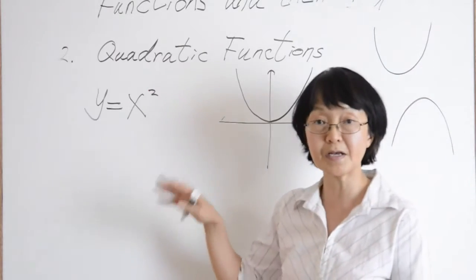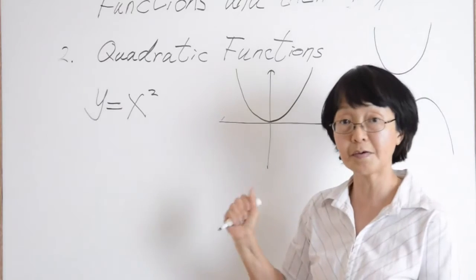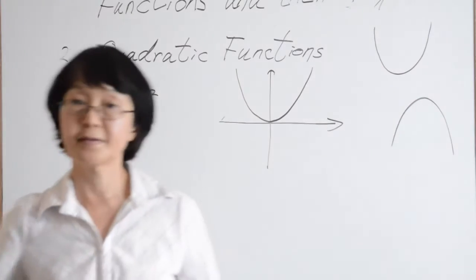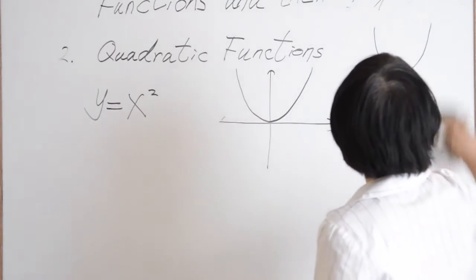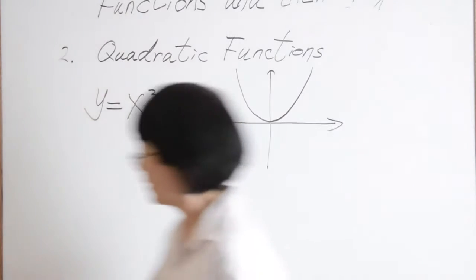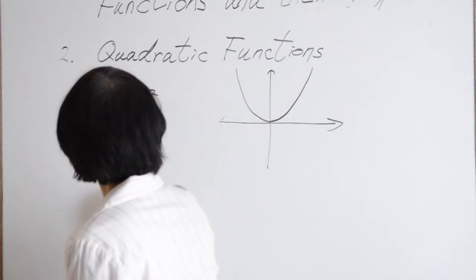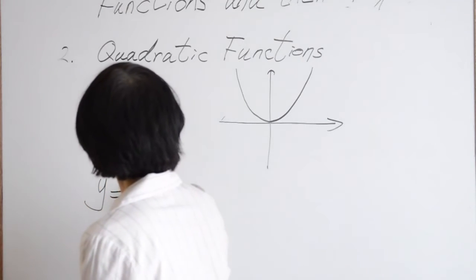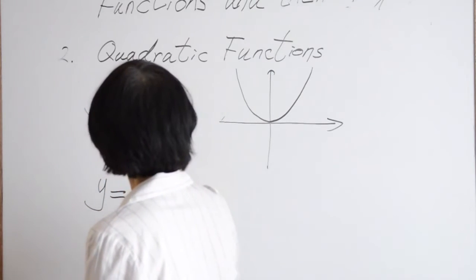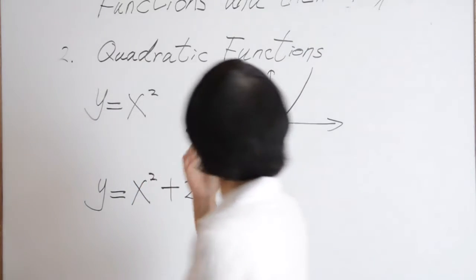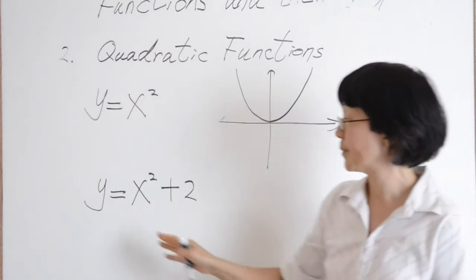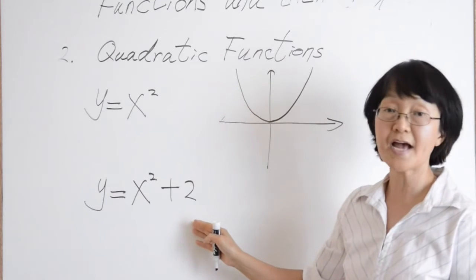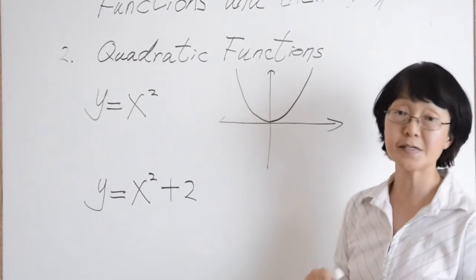Remember at the beginning I showed you different graphs and how to identify them. Now, if I have y = x squared + 2, what does it mean?